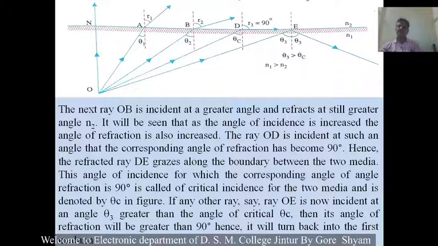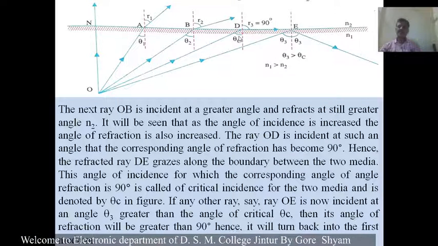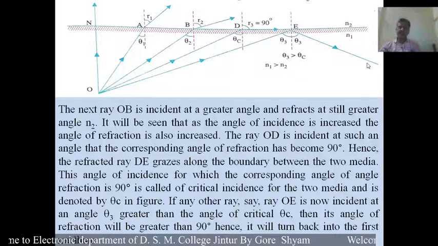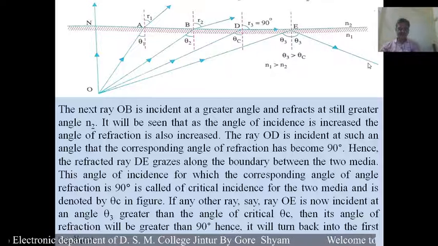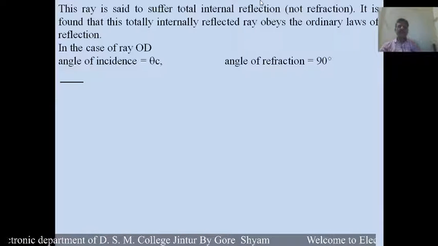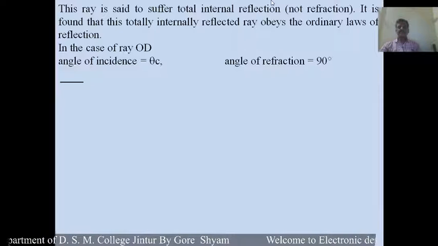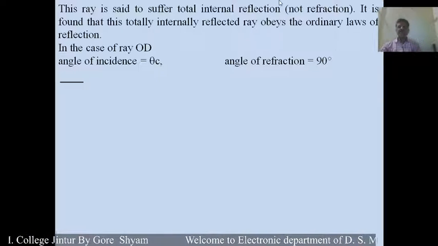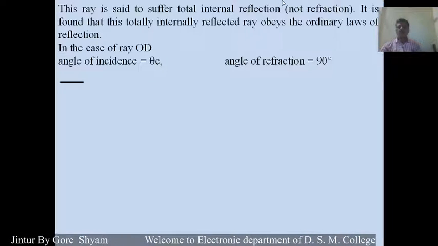So when the angle is greater than theta c, the light is totally reflected, and this ray is said to suffer total internal reflection. Here refraction does not happen, and it is found that the total internal reflection of the ray obeys the ordinary law of refraction.